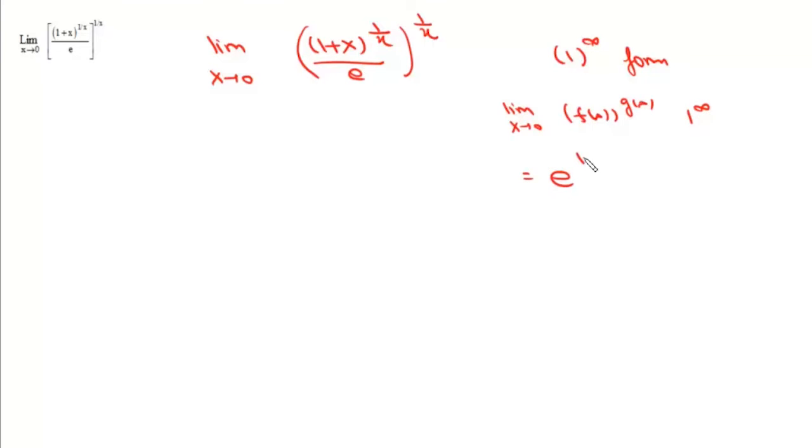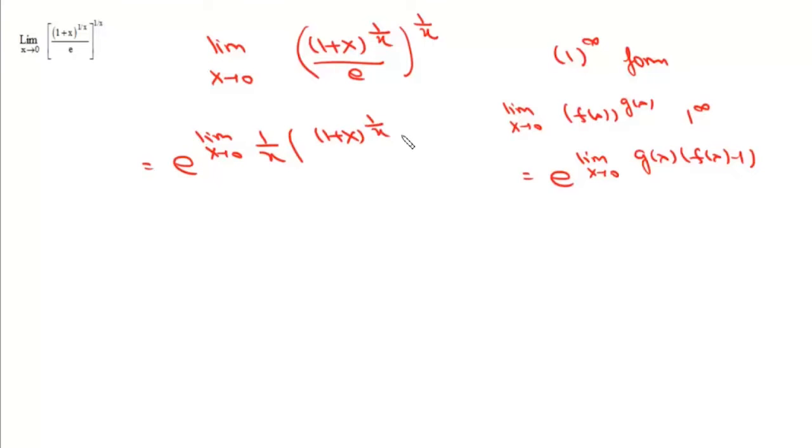this as e to the power this limit x tends to 0 gx into fx minus 1. So we write this as e to the power limit x tends to 0, and gx in this case is 1 by x, and then it will be 1 plus x to the power 1 by x minus e upon e.